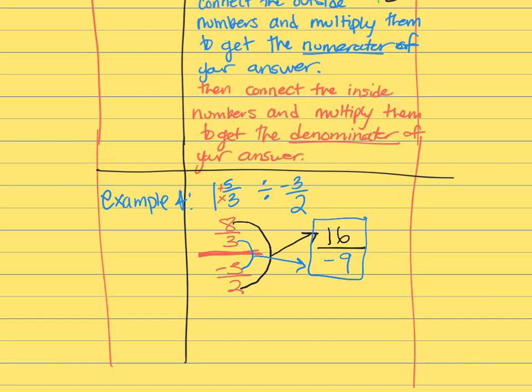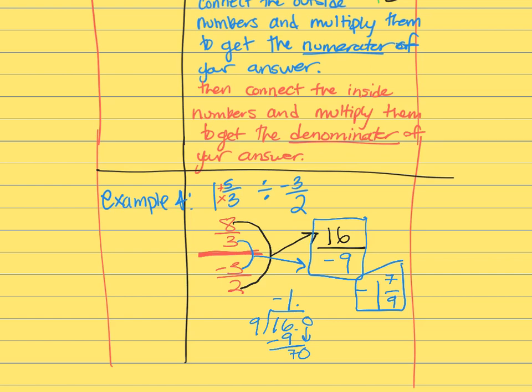Now, if I want the mixed fraction, -9 goes into 16 -1 time, and then there's 7 left over out of 9. Now, if I want the decimal, I'm going to divide 9 into 16. And remember, it's going to be negative, so my decimal is going to be negative. 9 goes into 16 one time. Put the decimal. 16 minus 9 is 7.